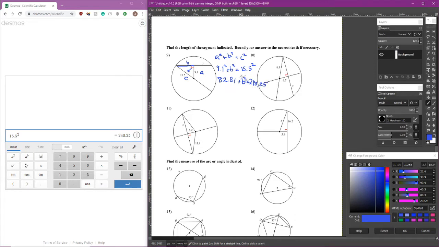Okay, to solve for this b, we want to get b squared all alone first, so let's get rid of 82.81 by subtracting 82.81.